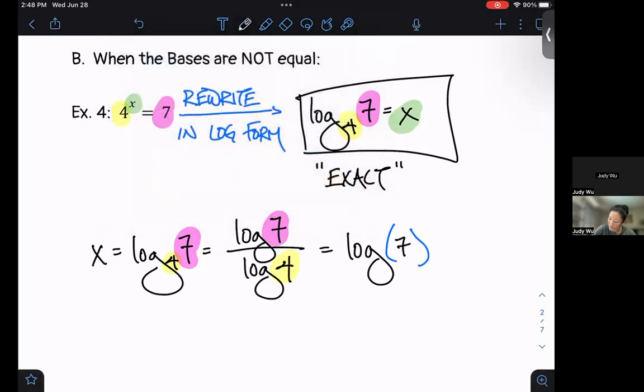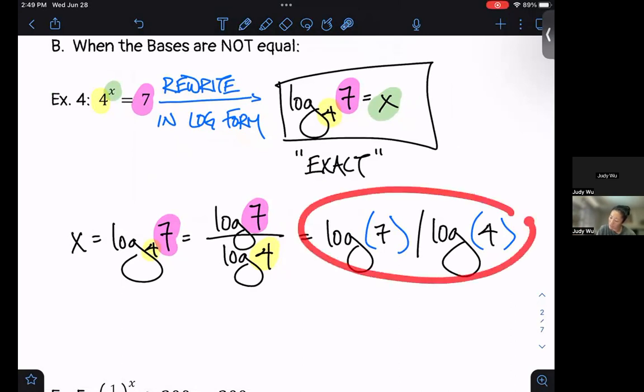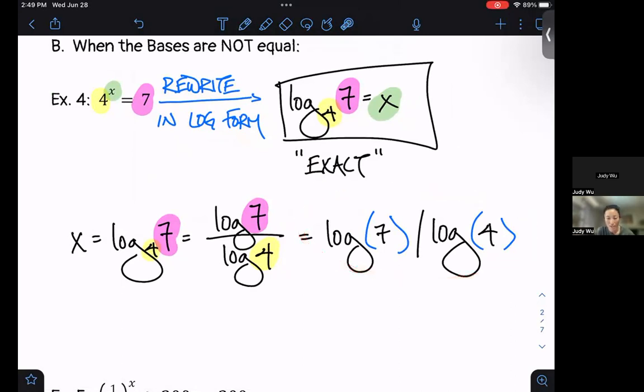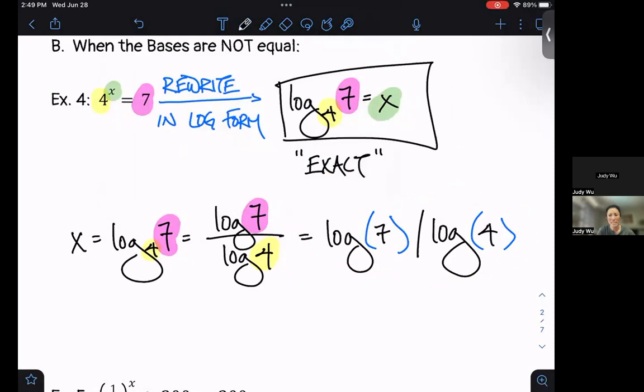Then you can type divided by log, open parenthesis, 4. The last parenthesis you don't really have to close, but if you want them all to match, then you close that off. If My Open Math is asking you to round to decimals, then you want to type it in this way. But if it says exact value, you leave it this way.